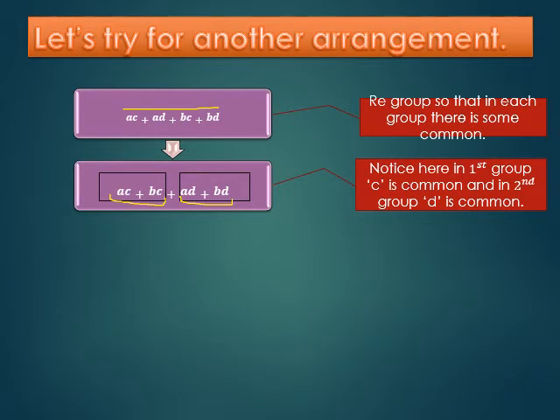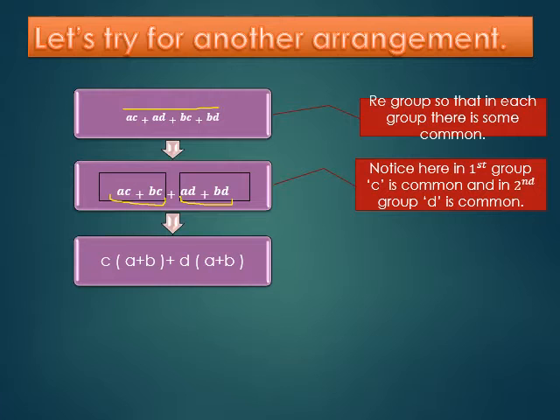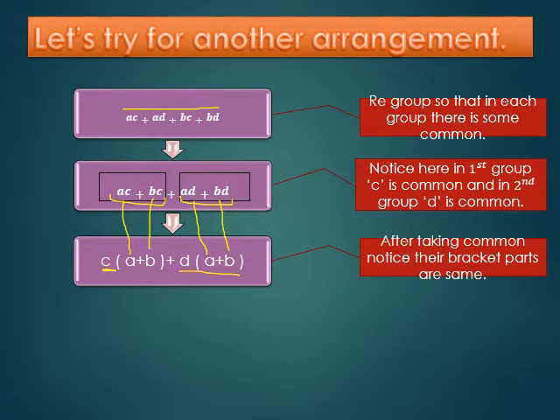Now again observe, in the first group C is common, so taking this common, from the first term we get A and from the second term we get B. In the second group D is common, and from the first term we get A and from the second term we get B. Observe here again, the bracket parts A plus B are both the same.